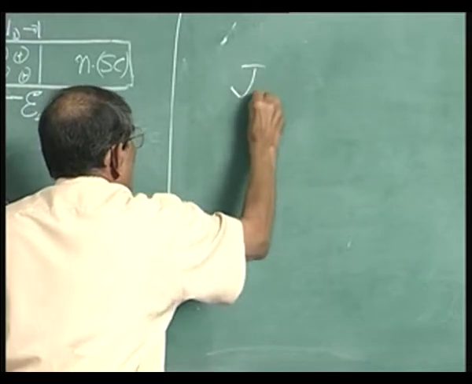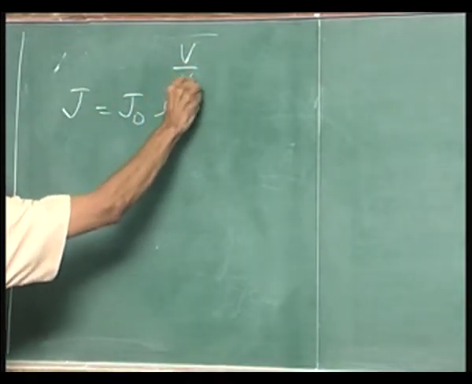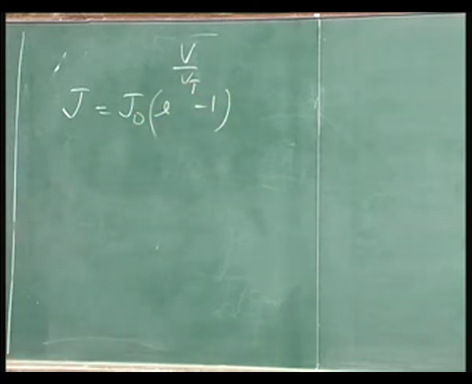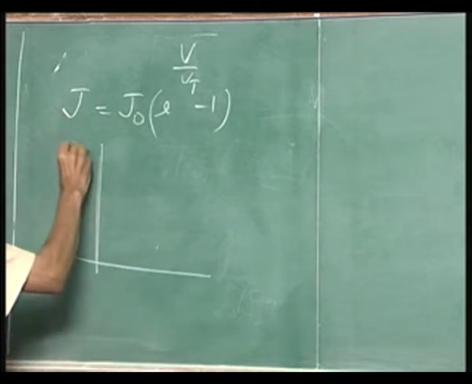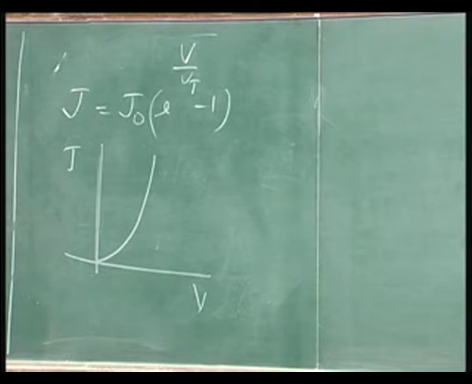If I write J = J0 (e^(V/Vt) − 1), I get a characteristic which varies like this, J versus V, if J0 were constant.